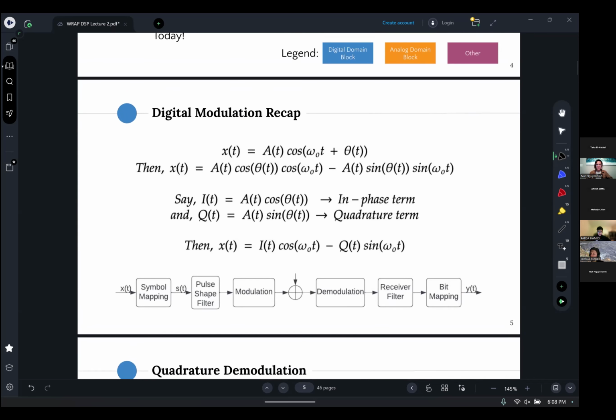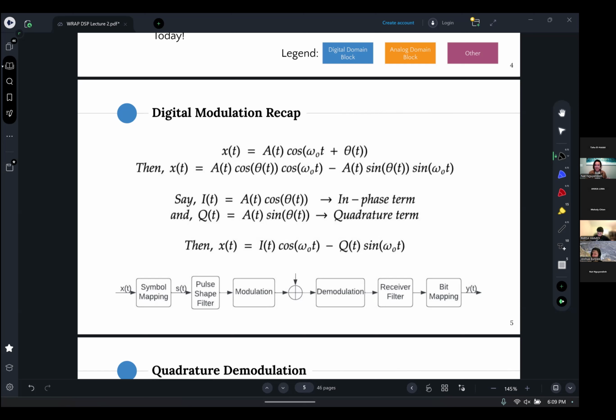This demodulation can be summarized by these equations. Oh, sorry, this is the modulation. So say we have our amplitude and phase modulated signal here, which is x of t, and we want to represent that in terms of the I and Q components, because that makes it really easy to adjust the amplitude and phase, because we can just adjust the amplitudes of individual sinusoids.